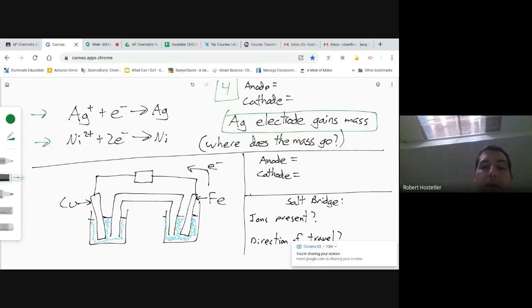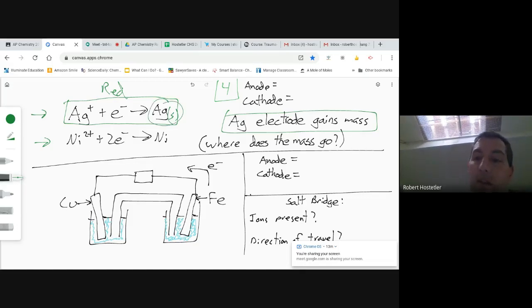Well, if the silver electrode is gaining mass, it has to be going from ion to solid. And so the one that is gaining mass is the cathode, because this is a reduction. So the one that's gaining mass is the one that's being reduced.